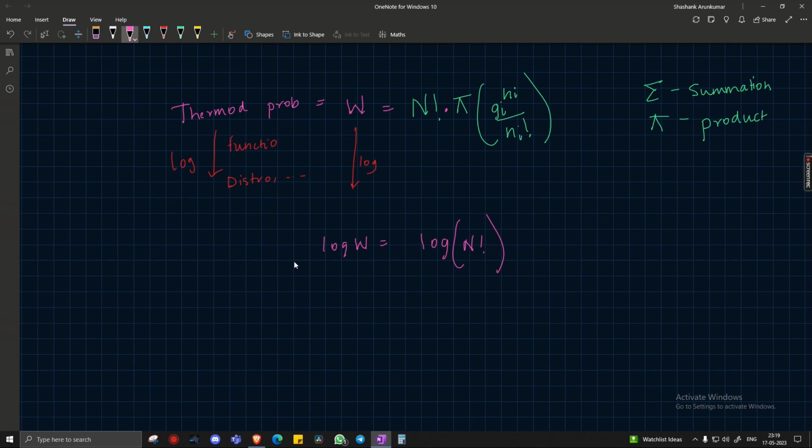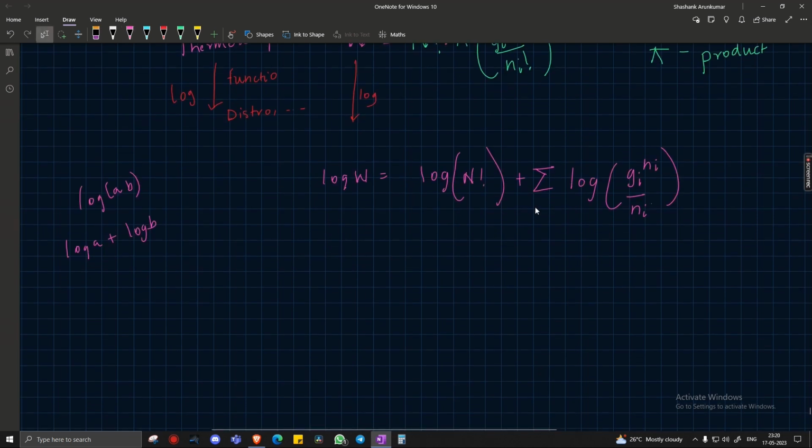Why? Because log of a times b becomes log a plus log b. So multiplication becomes addition. So it is log N factorial plus addition of log of Gi to the power Ni by Ni factorial, plus so on. You keep adding them, so it becomes summation of log of whatever is inside the pi function.